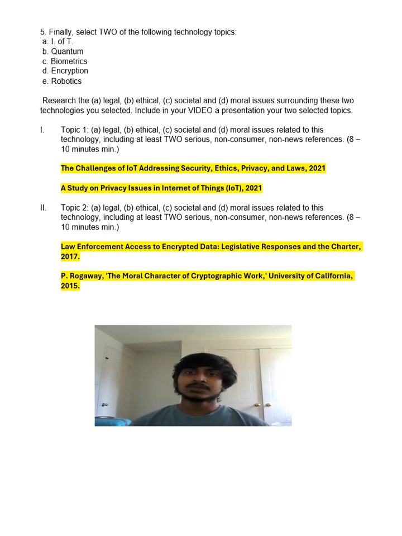The reference that I have used in this issue is on law enforcement access to encrypted data. In this, the author provides an overview of the legal landscape surrounding encryption technologies.